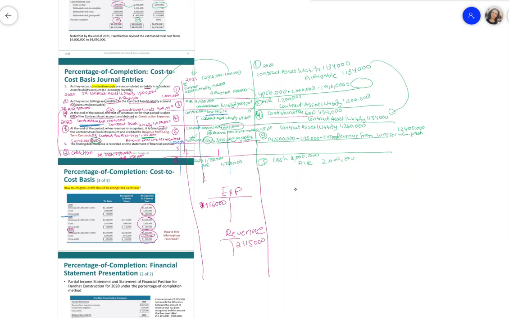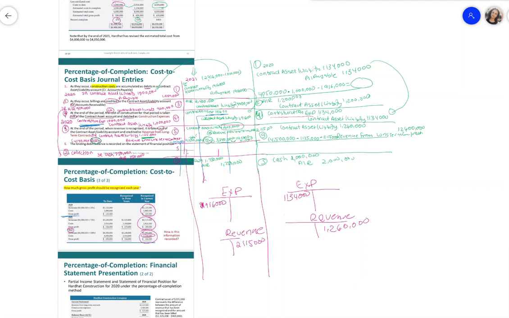If I go to my third year, I have a construction expense, and we have a revenue from the construction from the long-term project. My expenses here was 1,134, and my revenue was 1,260,123.